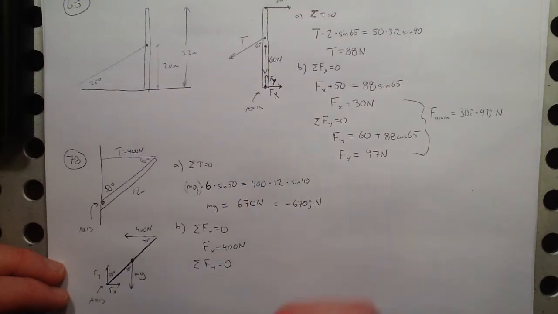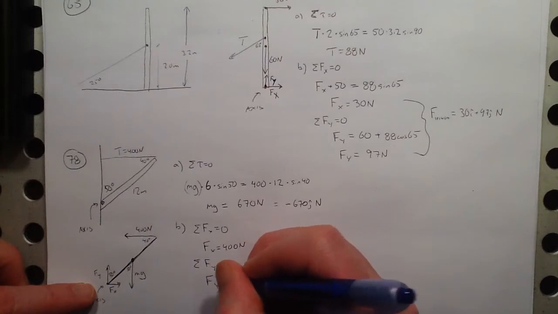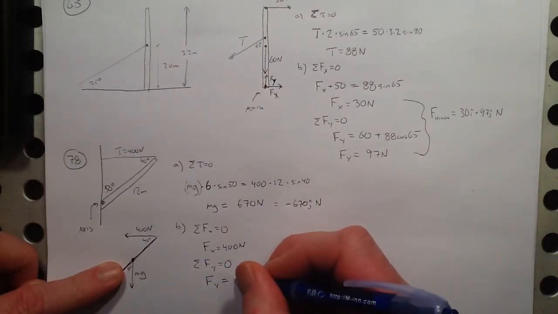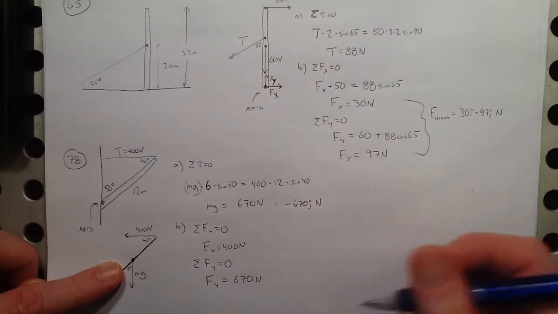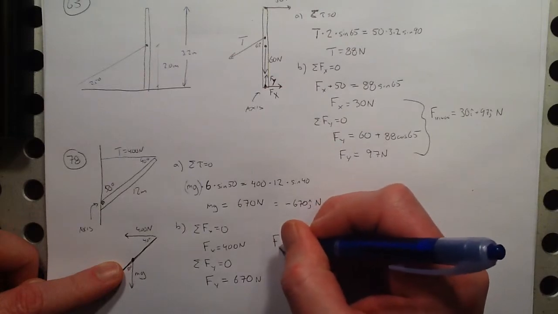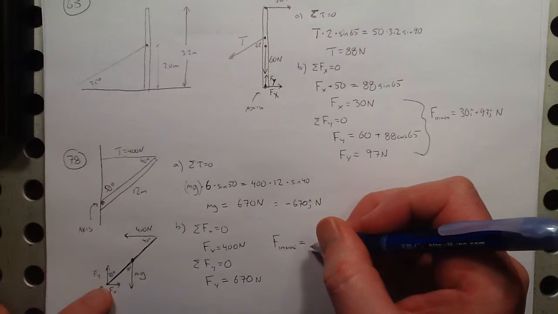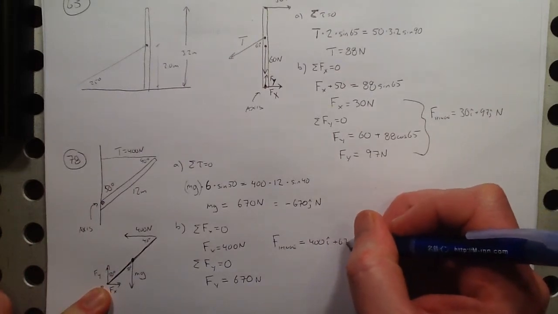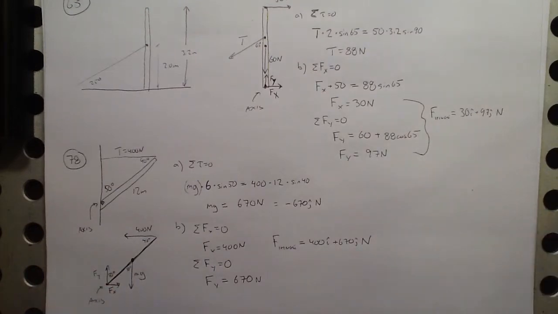Also balanced in the vertical direction, and my only vertical forces here are Fy and the gravitational force, which is 670 newtons. So that means the hinge force in unit vector notation is 400 I plus 670 J newtons. And that's it.